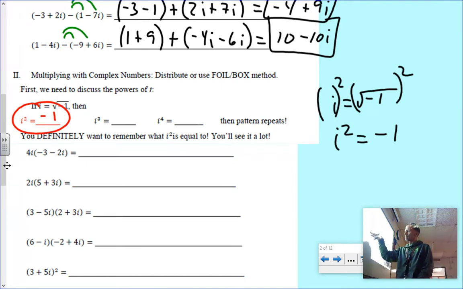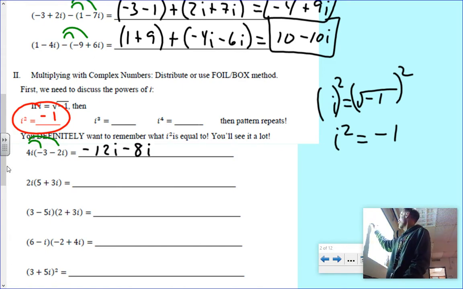So on the first two examples, it's just going to be distributing, just like we did on the subtraction problems: 4i times -3, 4i times -2i. So that's going to be -12i minus 8i squared.